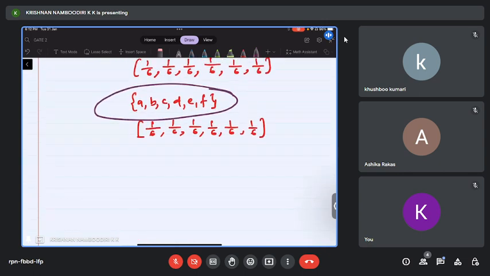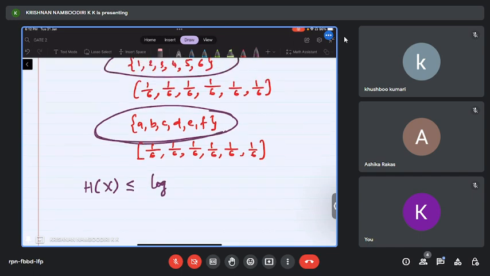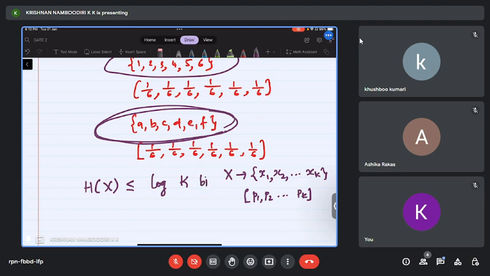Then one other property regarding entropy is that H of x will be less than or equal to log of the cardinality of this set. In general, it is k. Suppose x can take values from the set x1, x2 up to x capital K with a probability mass function p1, p2 up to p capital K. Then H of x will be bounded by log k bits.